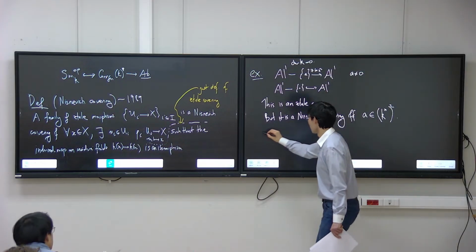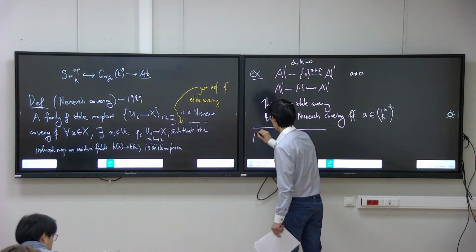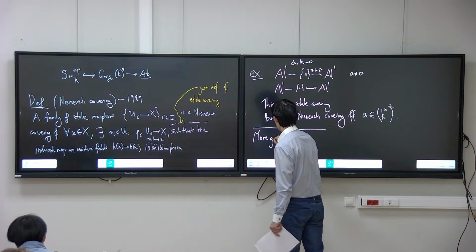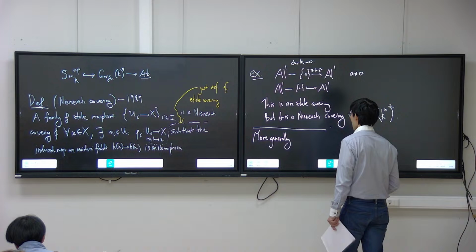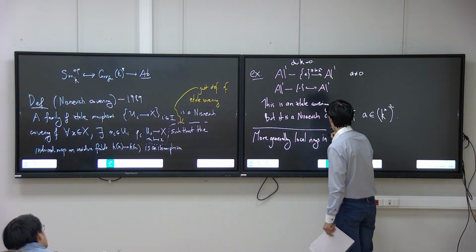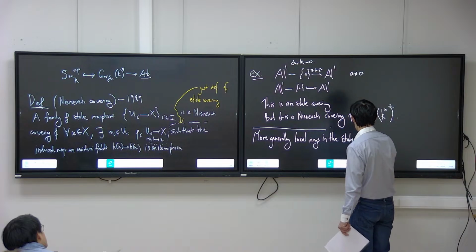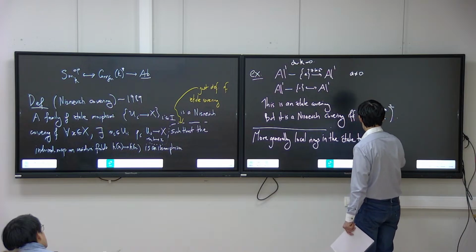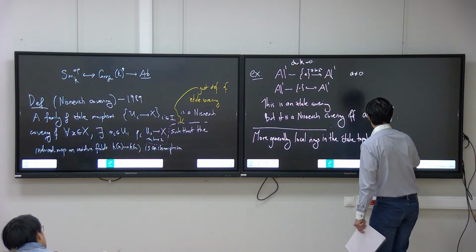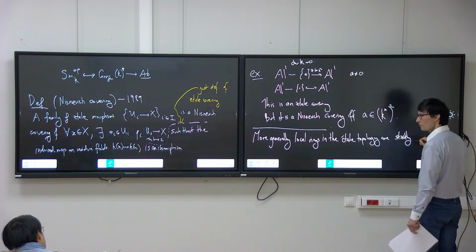And as a result, for example, more generally, local rings in the étale topology are strictly Henselian.